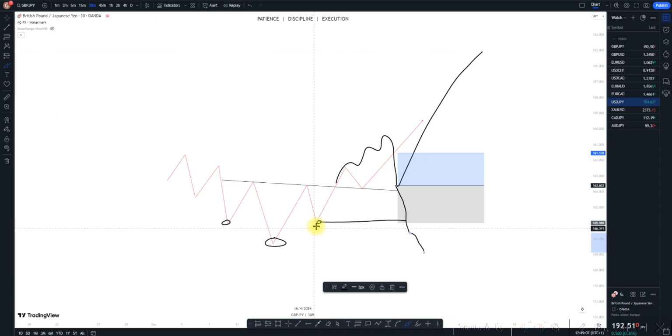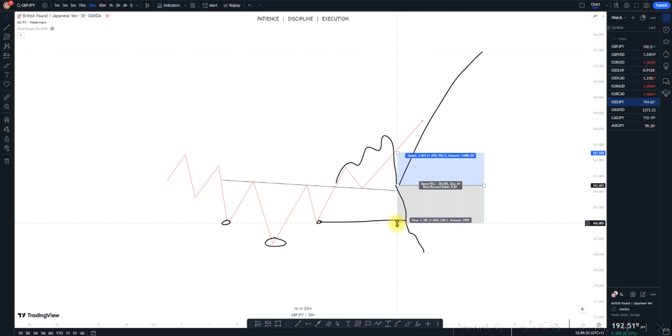So that is why we have to be sure that where we are placing our stop loss should be by this low, to be safe. Because if you place your stop loss, let's say at the midpoint, the market might just clear you out at the midpoint. Or you can place it here, but having too tight a stop loss can be to your detriment. So it's better to be safe than sorry.